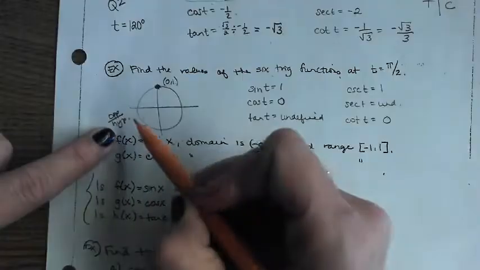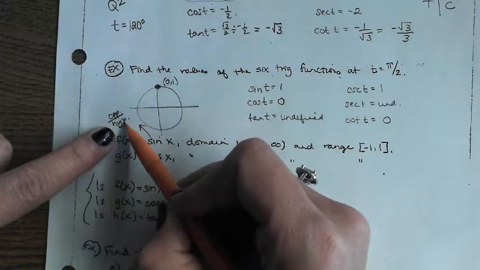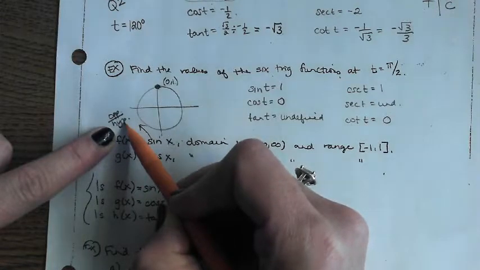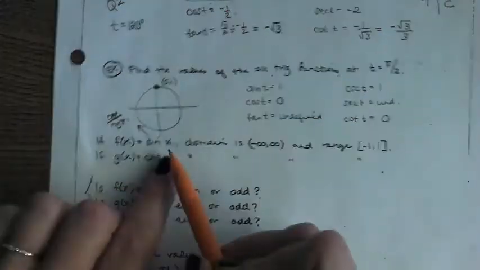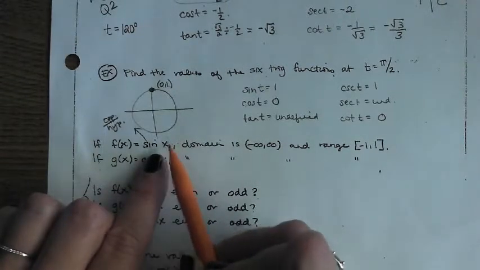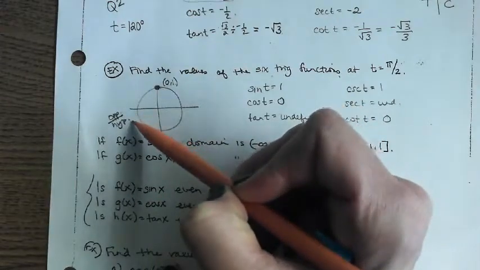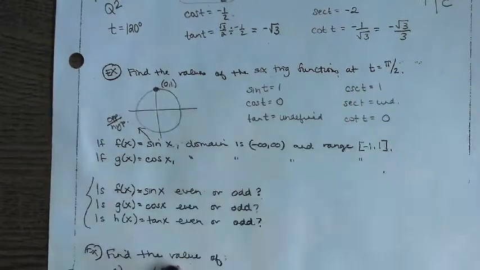Therefore, a smaller number over a bigger number is always less than 1, and if negative, always greater than negative 1. So for those two reasons, because we can take the sine of any angle, and because it's always a smaller number over a bigger number, we have to be between negative 1 and 1.